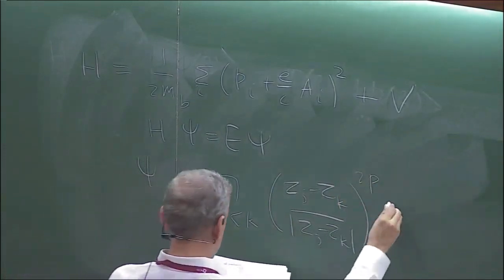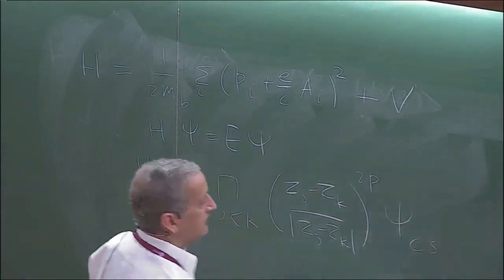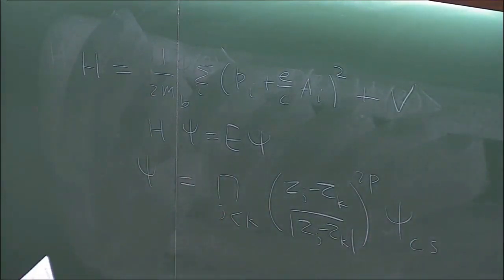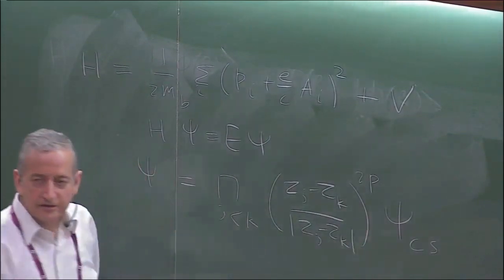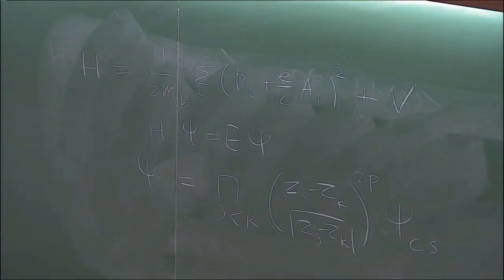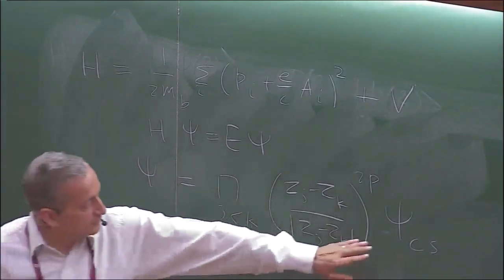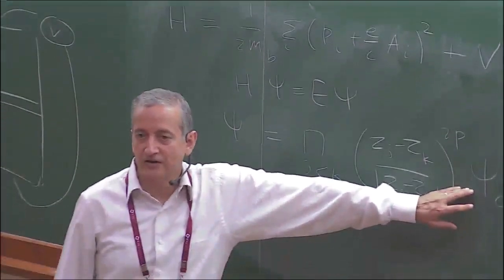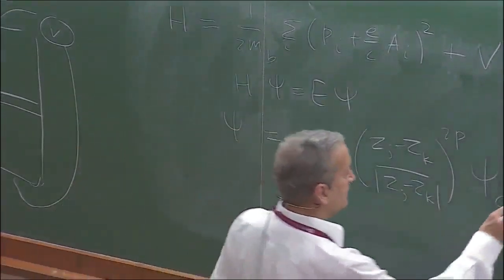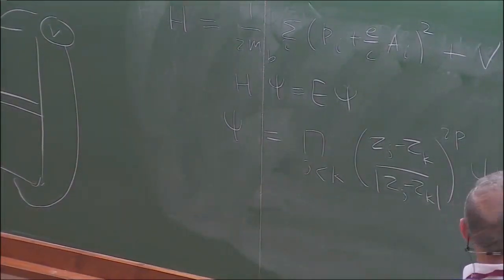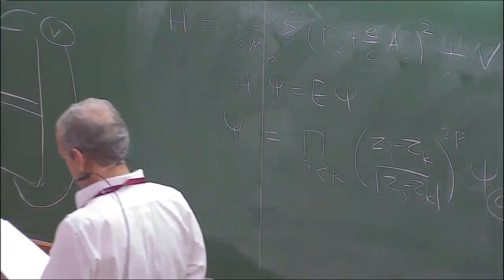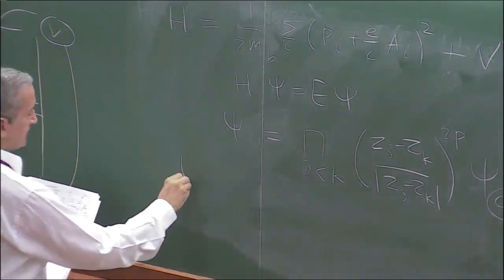So in terms of the Schrodinger's equation for this Chern-Simons wave function, this is psi CS. CS stands for Chern-Simons. The Hamiltonian looks like this. So maybe I can say H CS.